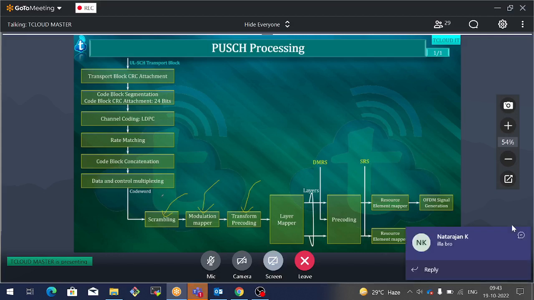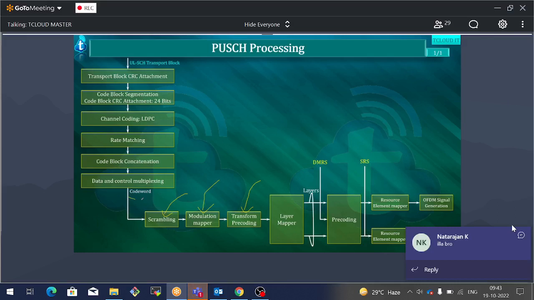But one important difference that you observe here is that uplink operation is single code word based. So you cannot generate two code words, only a single code word.